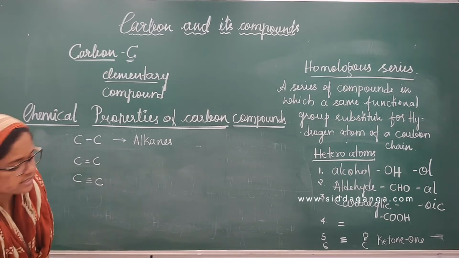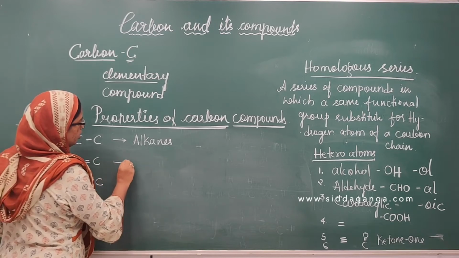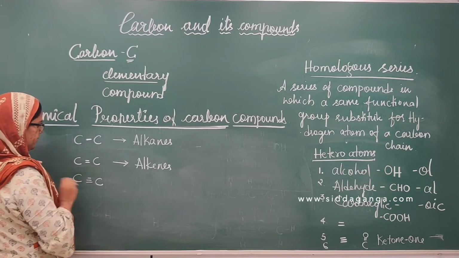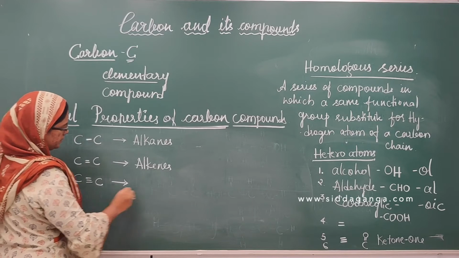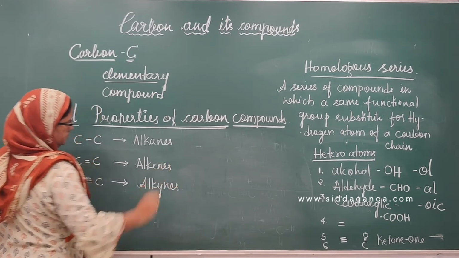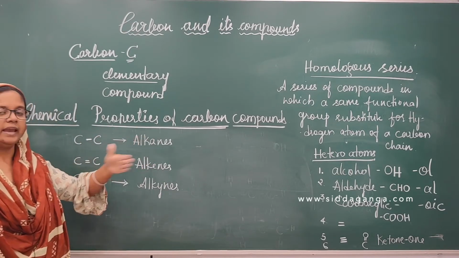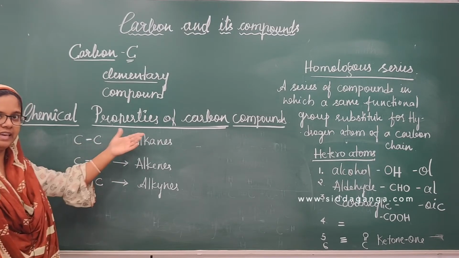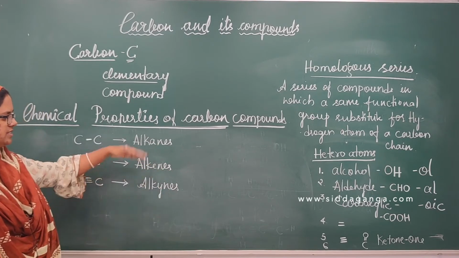The series which consists of a double bond between carbon atoms, we call alkenes. And if there is a triple bond between two carbon atoms, we call that series alkynes. We already discussed how to end the names of compounds if there is a single bond, double bond or triple bond: ane, ene and yne.